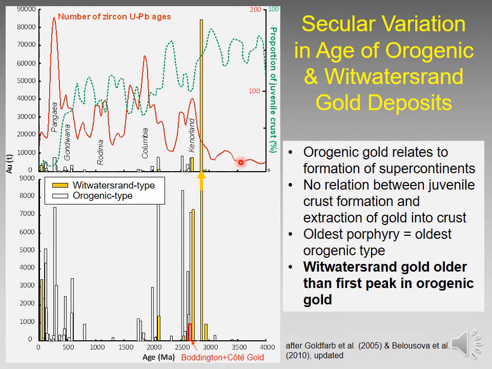Another potential source could have been, of course, erosion of porphyry gold systems, epithermal gold systems, but there's the same problem. The oldest known porphyry gold or epithermal gold system I'm aware of would be the Côté deposit in Canada, and that's about 2.74 billion years old. And the same would apply to Boddington, probably, in Western Australia.